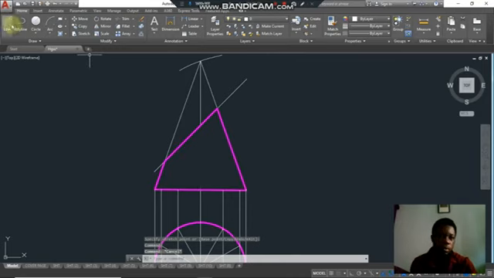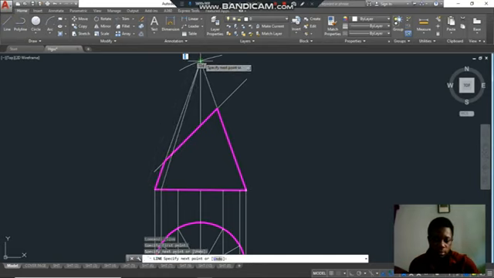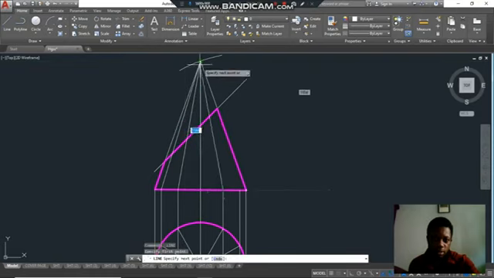Now the next thing is to draw a line from each of these points to the apex at this point. So pick this line from here to the apex, from here to the apex, from here, which is also this, from here to the apex, from here to the apex, and we have this.